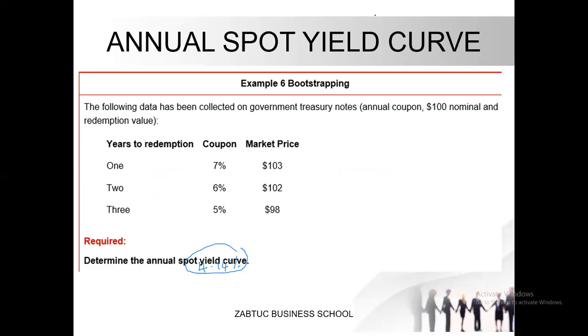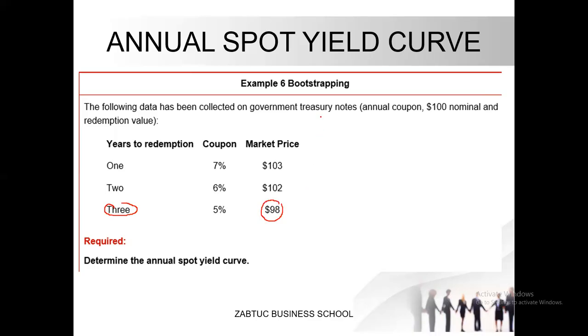So let us start our explanations. We've got a bond, which is expiring how long from now? Its market value is 98.